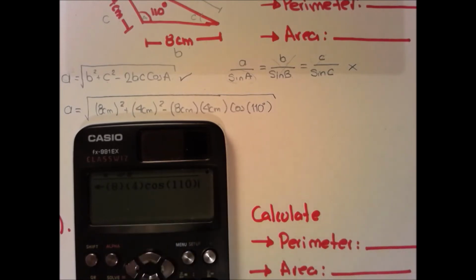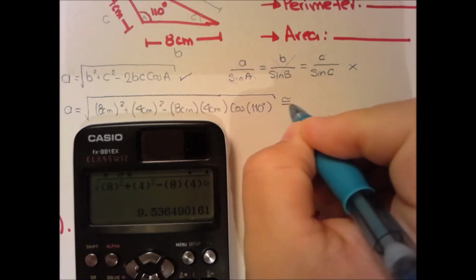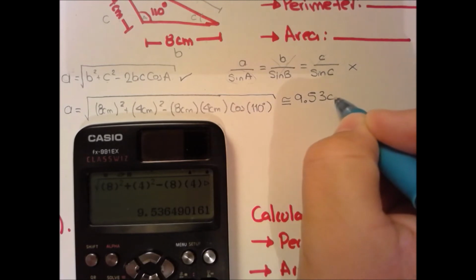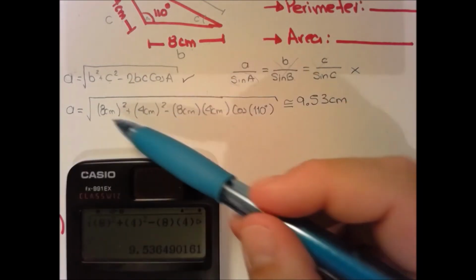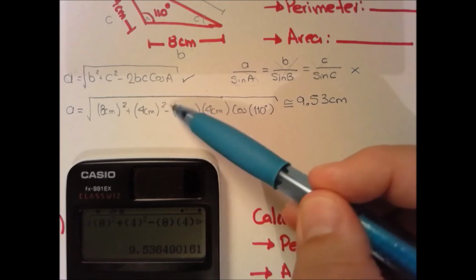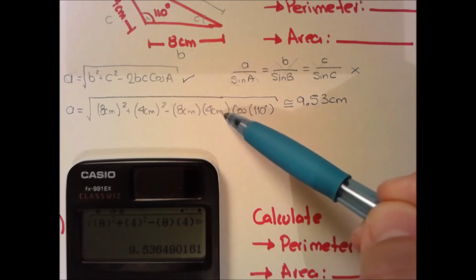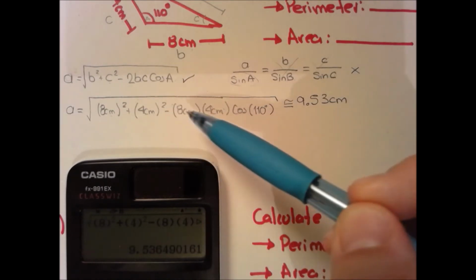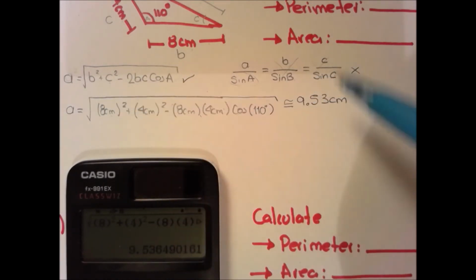And this is going to be equal to 9.5364, so approximately 9.53 centimeters. Here we have centimeters squared, and with the square root, it will be centimeters at the end.